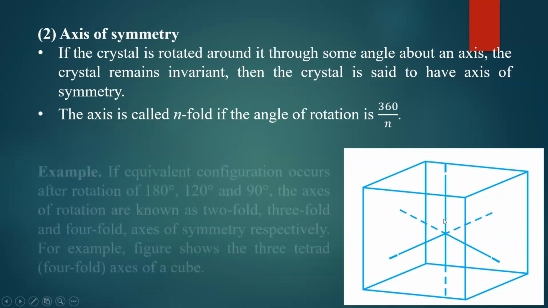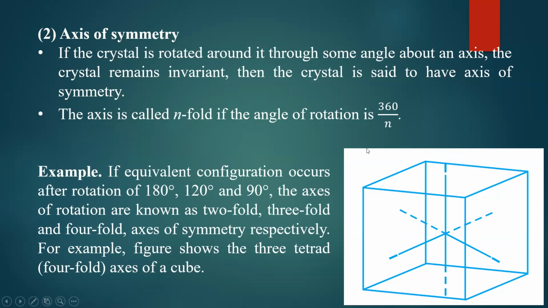If you take the cube, you can rotate this cube by 90 degrees, and the cube is going to give the same structure. Then if you rotate it by 180 degrees, the cube will give you the same structure again. 270 degrees, same structure. Then 360 degrees. In one rotation, you can get 4 identical structures.